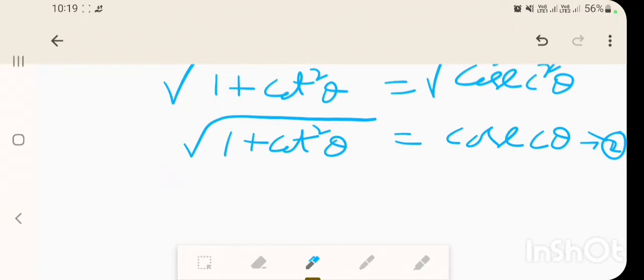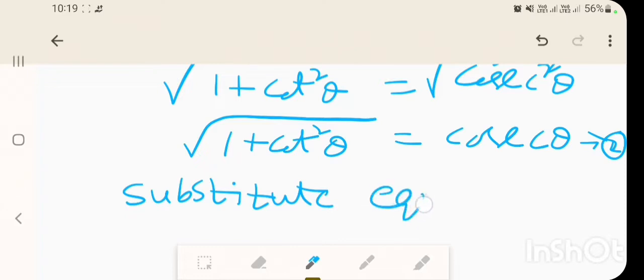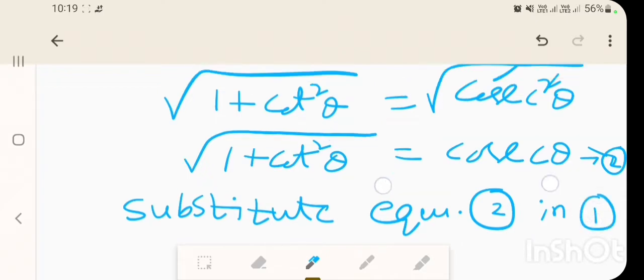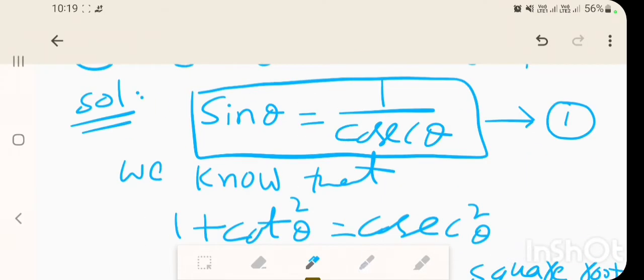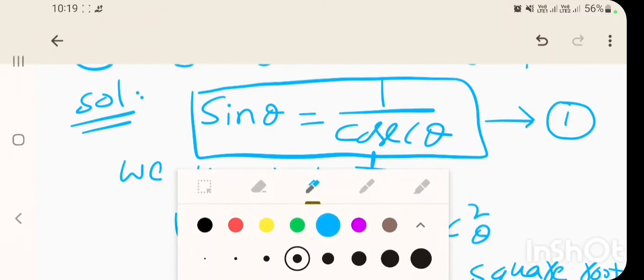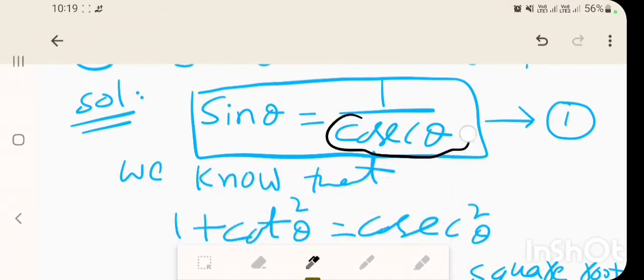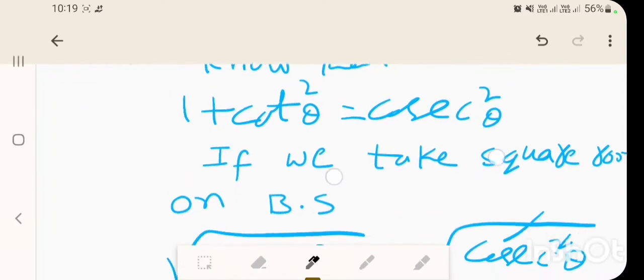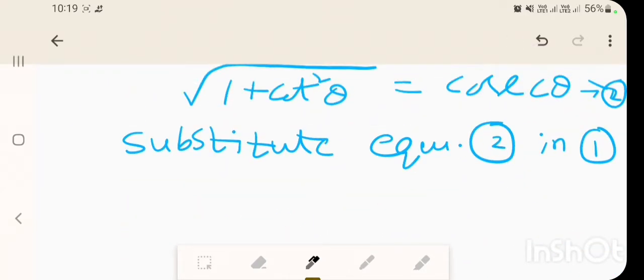So we are going to substitute equation number 2 in equation number 1. That is, in place of cosec theta in equation number 1, we substitute square root of 1 plus cot square theta.